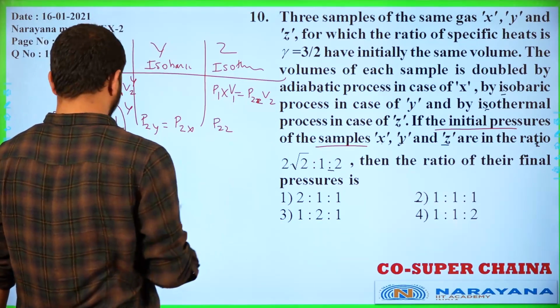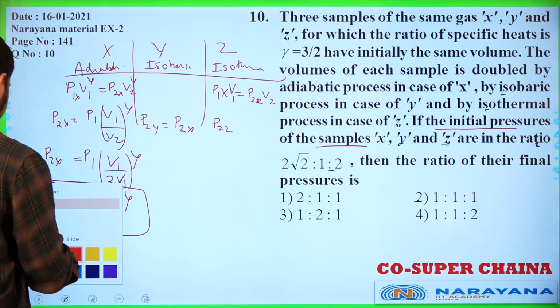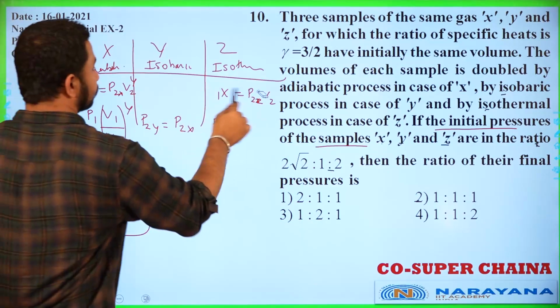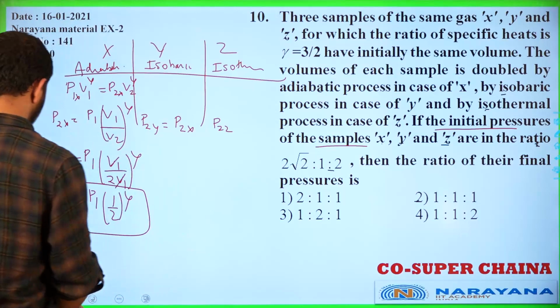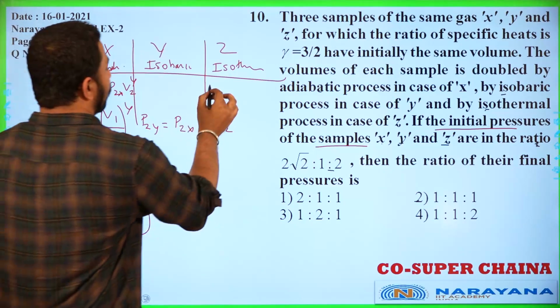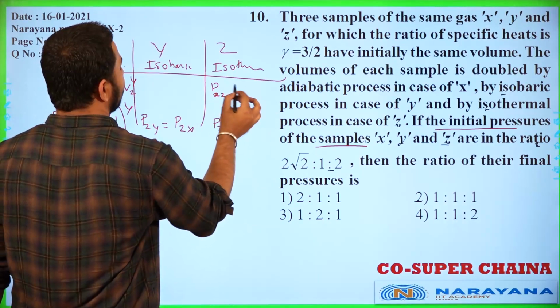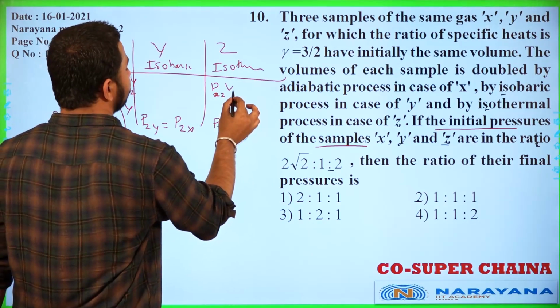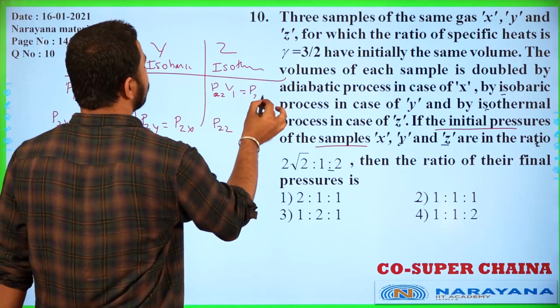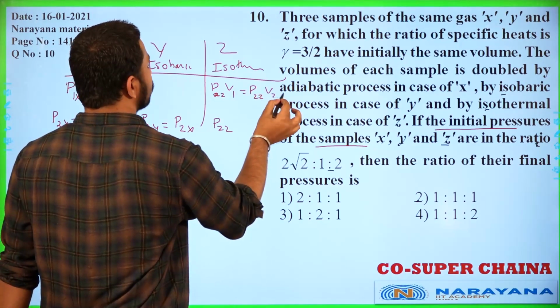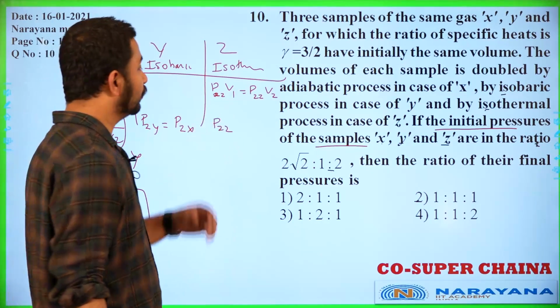So I'll rewrite this: P1z into V1 is equal to P2z into V2. This is what we have to do.